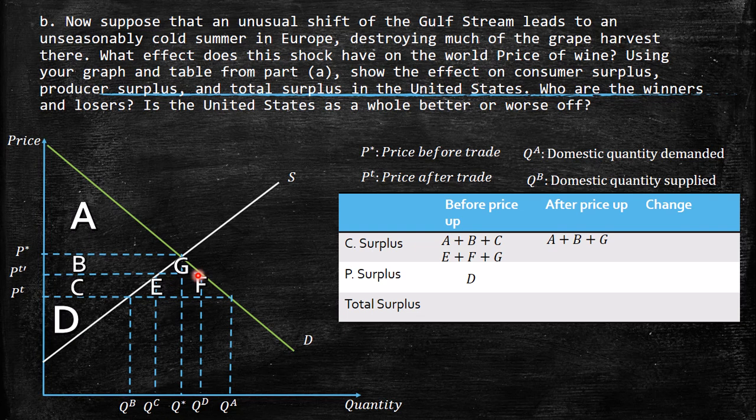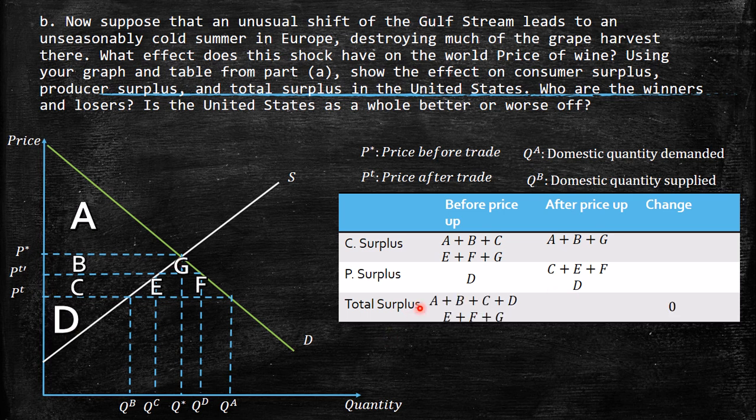It's going to be A, B, and G. And the producer surplus is going to be instead C, E, F, and D. Okay, so here, I'm really sorry, I apologize, because I already saw that actually the producer surplus is going to be just C and D. Please correct me, because I put here C plus E plus F plus D. What I just figured out is that it is wrong; it's going to be C and D.